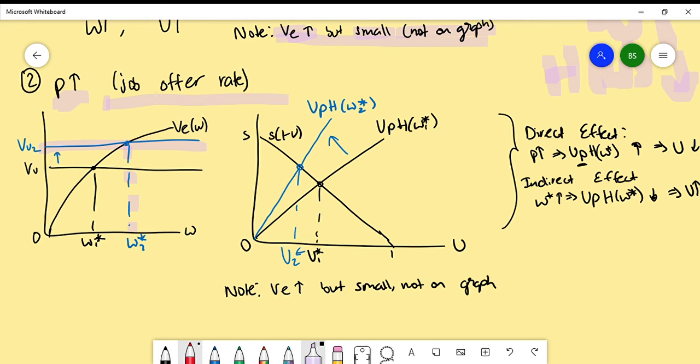Now you might think that, just like before, this thing has to decrease, right? No, it doesn't really have to. It could. But basically, there are two effects here. This P here is the same thing as this P over here; that's the actual equation, not related to this wage here.